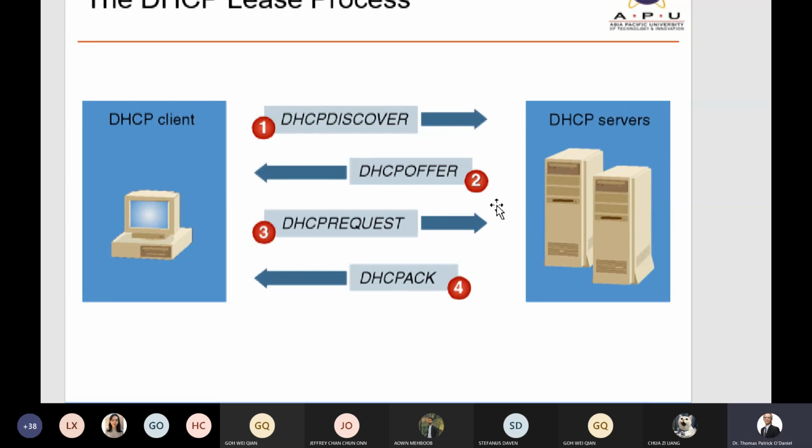And if anybody is listening, a DHCP server, then they will send back a DHCP offer message that says, hey, I can give you this IP address for this period of time. What do you think?